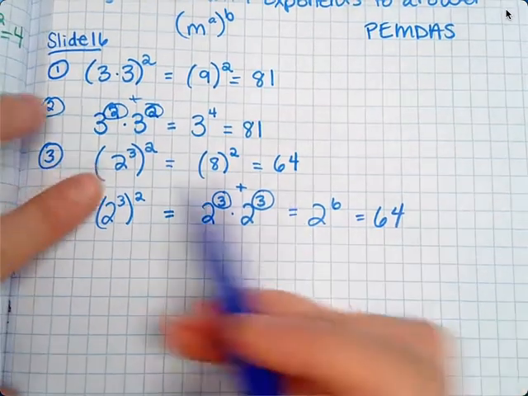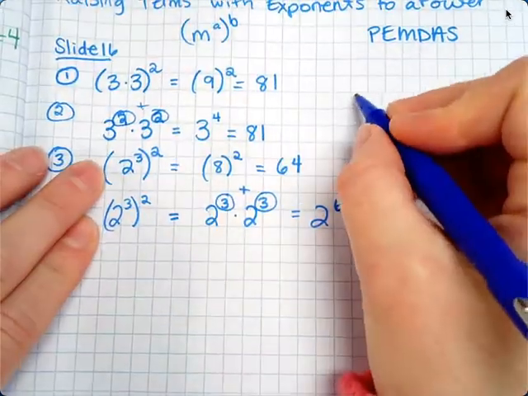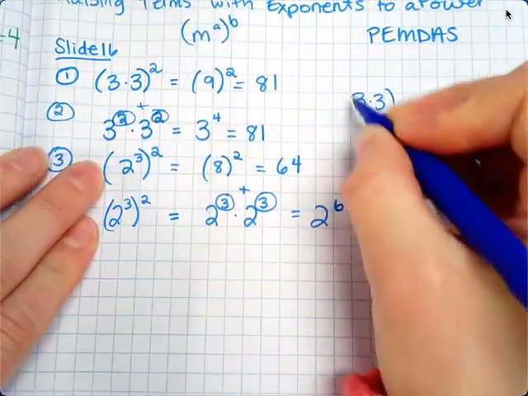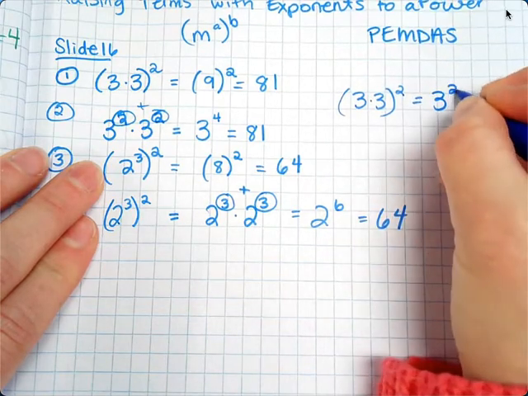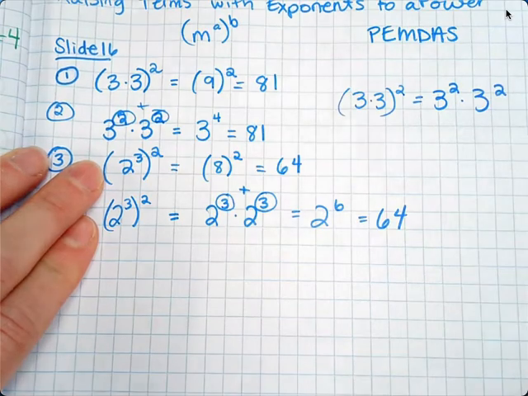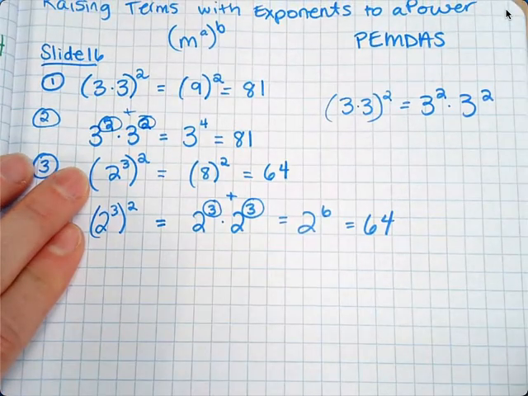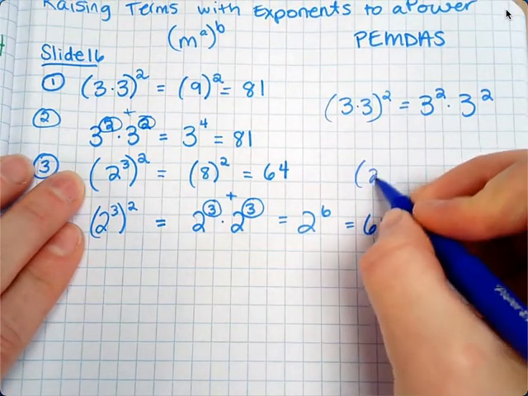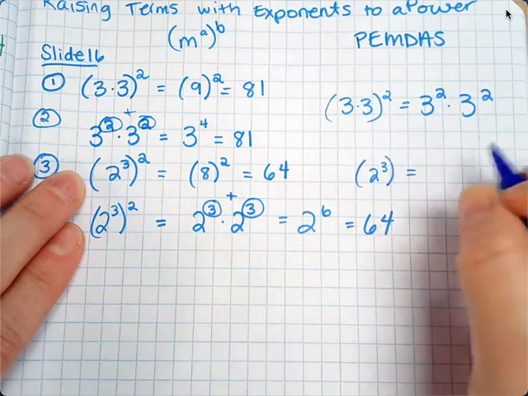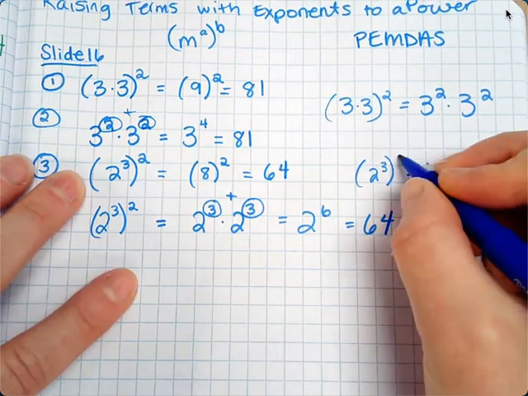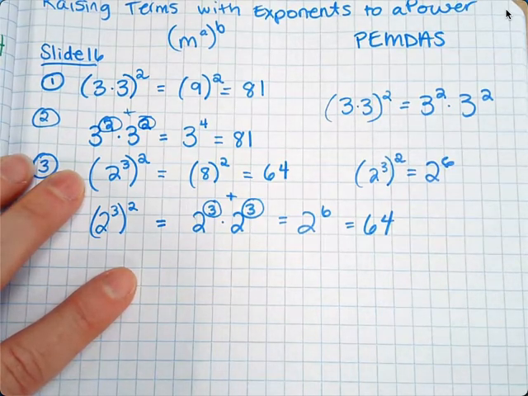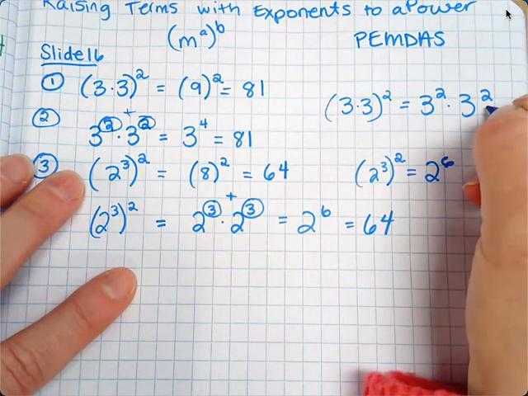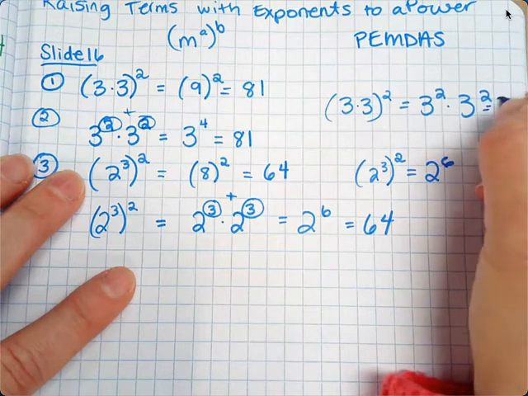So what I'm seeing here is that 3 times 3 squared is equal to 3 squared times 3 squared, and 2 to the 3rd squared is equal to 2 to the 6th, and this one was equal to 3 to the 4th.